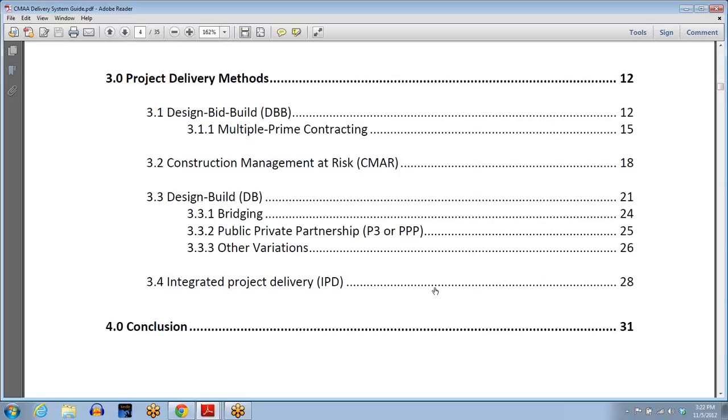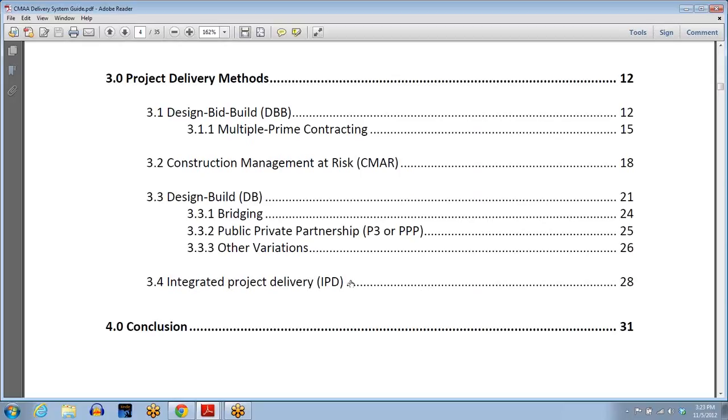Probably the majority of companies, meaning builders, would use one particular kind more than others. In other words, there might be a company that would offer you design build and traditional design bid build, but they prefer design build. So you have to sort through that.